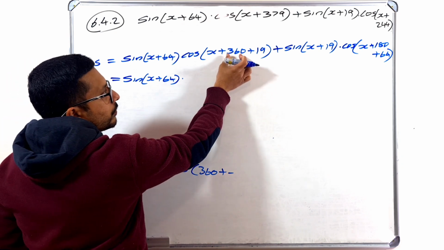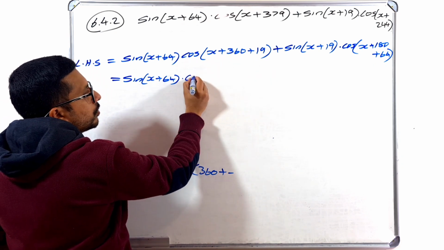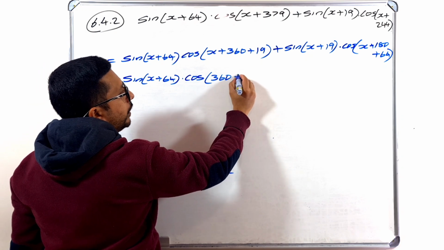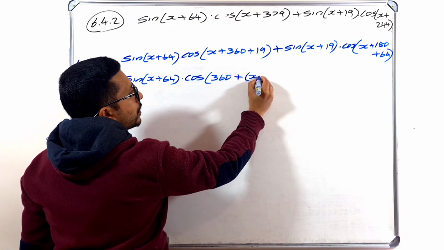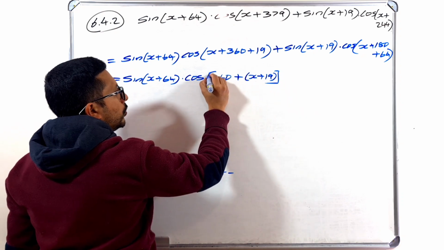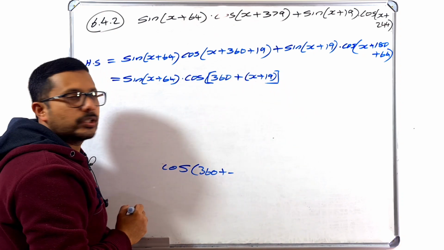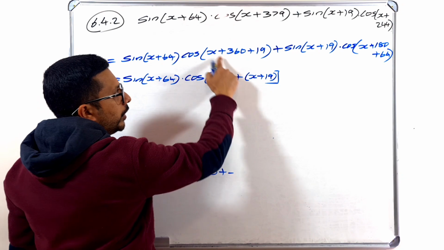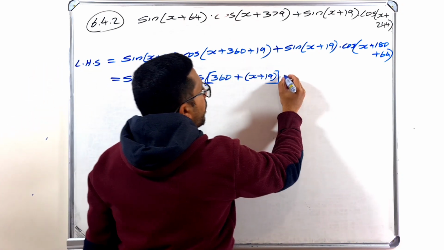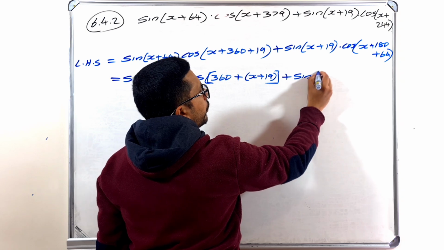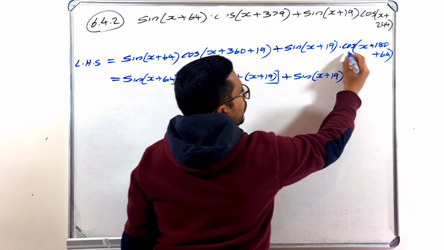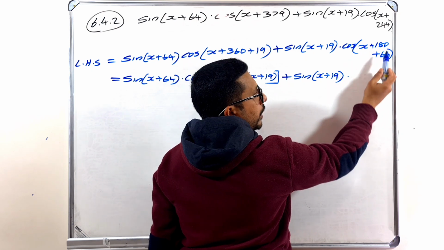So let me write this one first: cos of 360 plus x plus 19, put in a square bracket. Actually it's the same thing, x plus 360 plus 19. Then plus sine of x plus 19 into cos of x plus 180 plus 64.